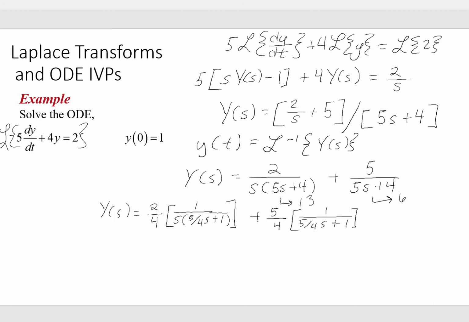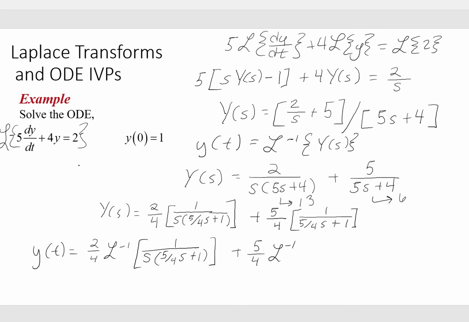All right, very nice. Now we're at the point where we can realize that y(t) is equal to 2/4 times the inverse transform of 1 over s tau s, where here tau s is 5/4 s plus 1, plus 5/4 times the inverse transform of 1 over tau s, where tau s is 5/4 s plus 1.